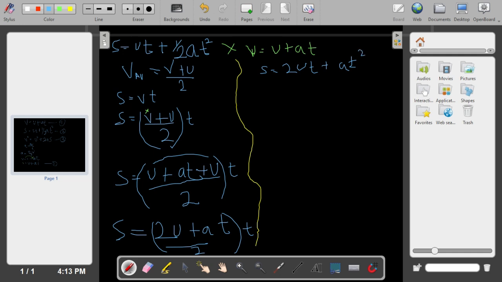I have at squared, then over 2. So eventually, I can divide by 2, which gives s equals 2ut over 2, then I have plus at squared over 2. So this gives at squared over 2.